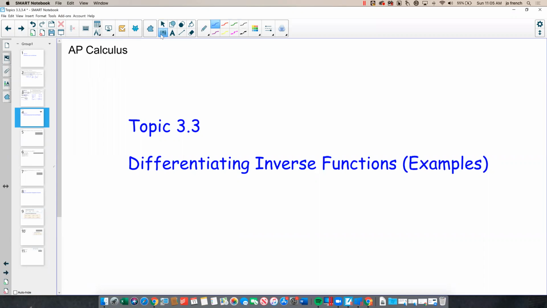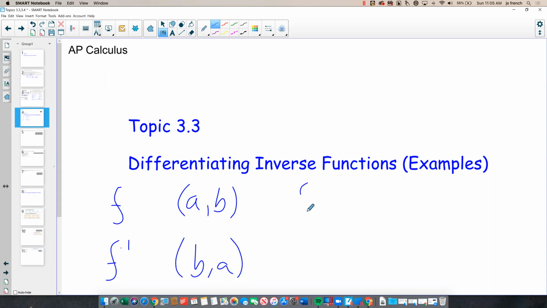We determined that if in my original function f, I had the point a comma b, that meant that in my inverse function, I must have the point b comma a. Our x and y values are reversed.